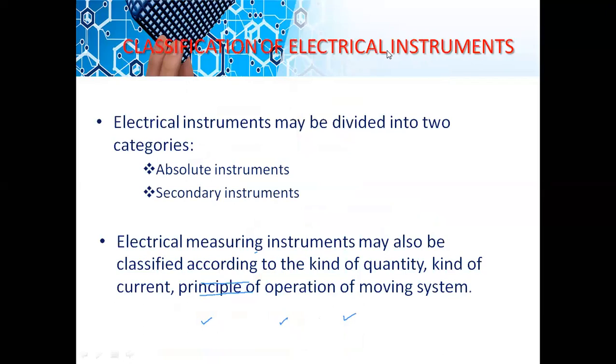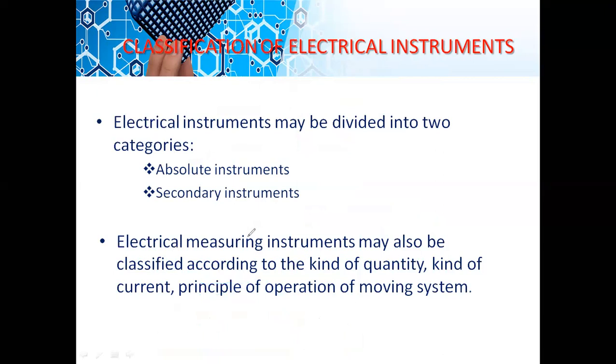Now, let us see the classification of electrical instruments. Electrical instruments may be divided into two categories broadly. One is absolute instrument, the other one is secondary instrument.